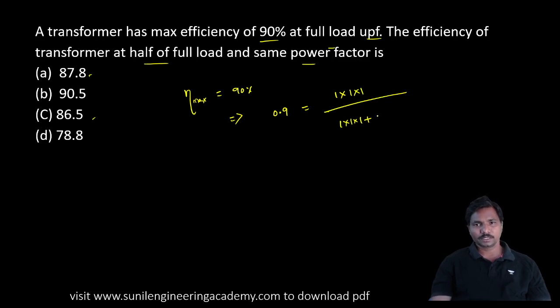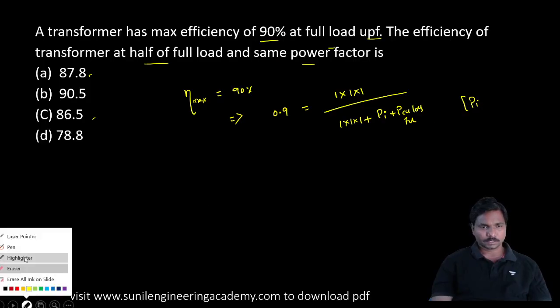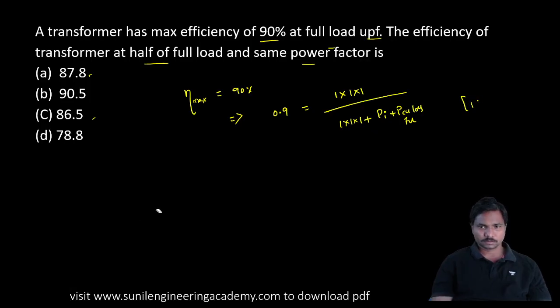Losses means iron losses plus full load copper losses. But at maximum efficiency both are equal: iron losses Pi, copper losses P copper.